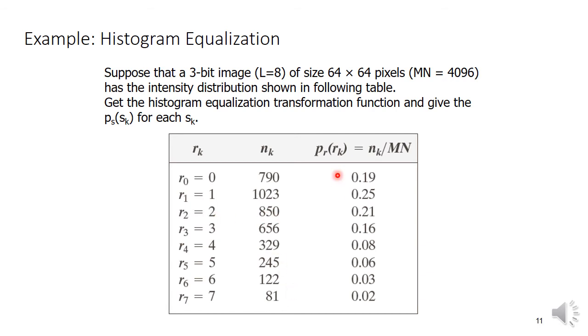So to get the probability of this rk, which is nk by mn, we have to divide nk by mn, where mn is equal to 4096. After dividing nk by mn, we get 0.19. 0.19 is the probability distribution of r0, and similarly for r1 we get 0.25, for r2 we get 0.21, and here is your table.